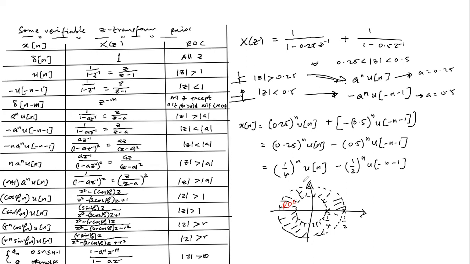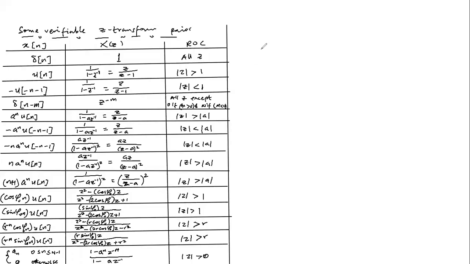Okay. So let us look at some other examples. So let's assume we are given x of n to be the same as 1 over 2 to the n plus 1 over 3 to the n.